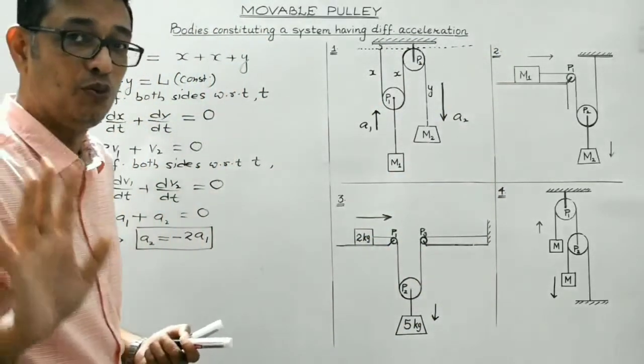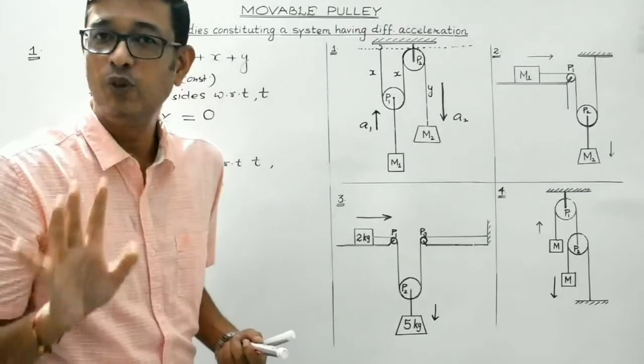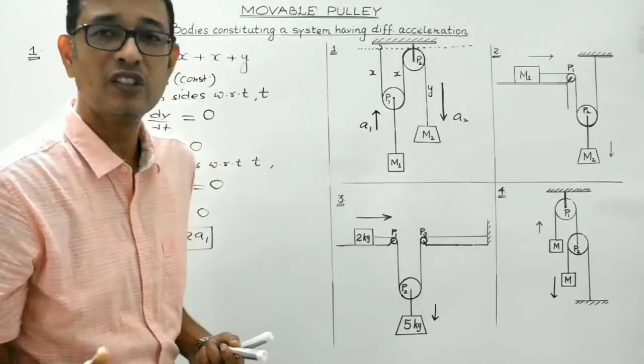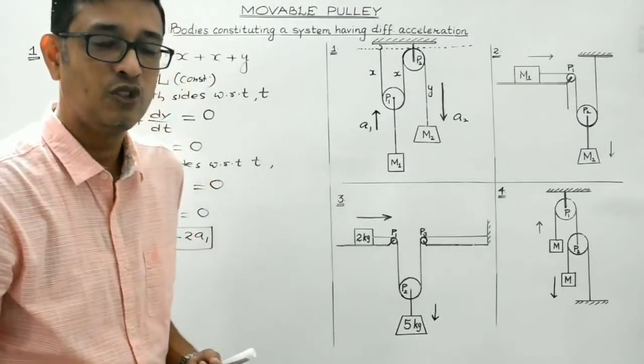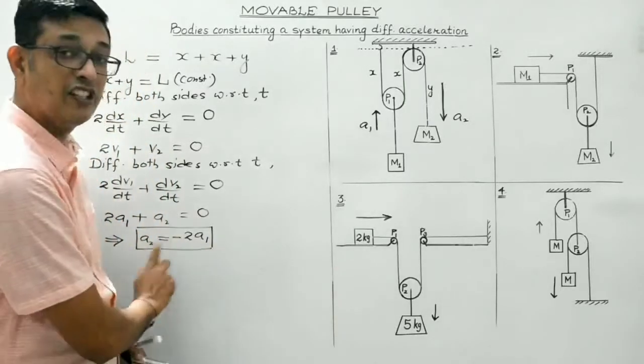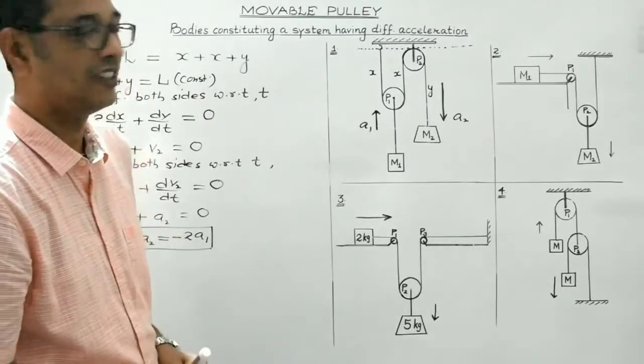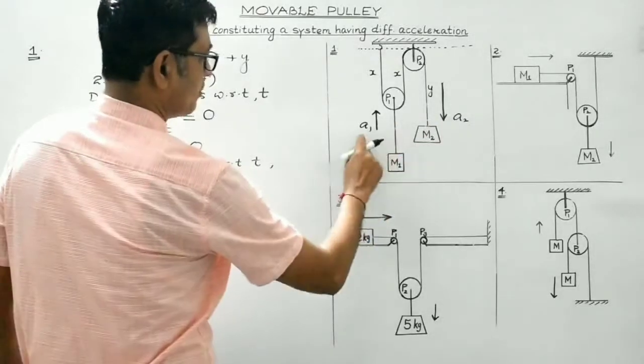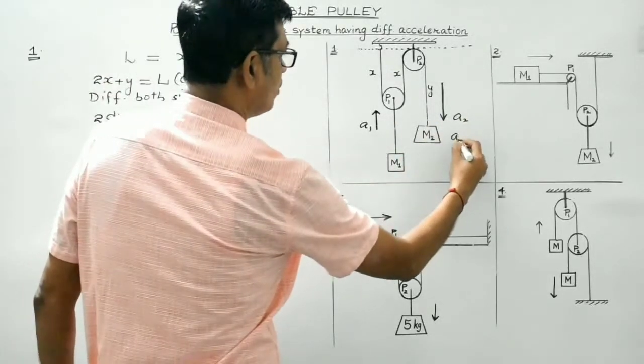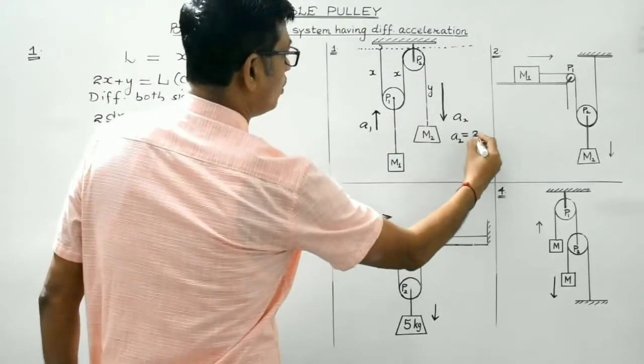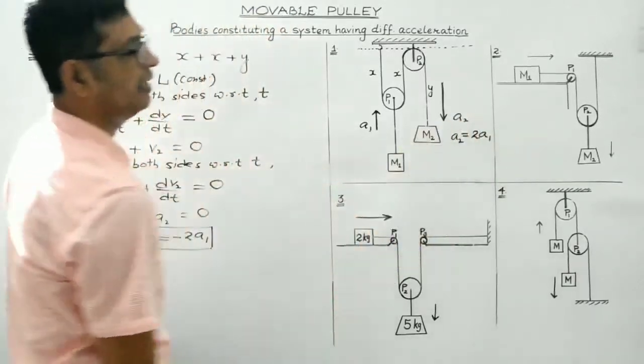So first and foremost, friends, in the case of a movable pulley, remember the bodies constituting the system will have different accelerations. So the first step would be to find the relationship between the accelerations. Here we have found the relationship. In magnitude, A2 would be equal to twice A1.